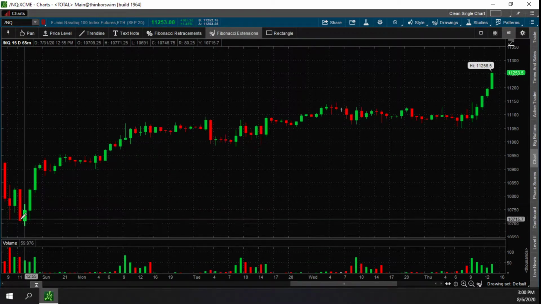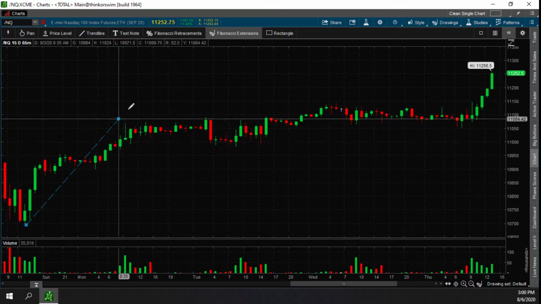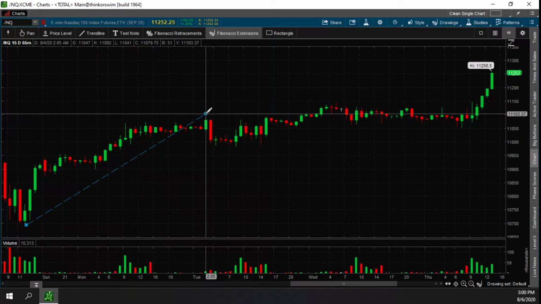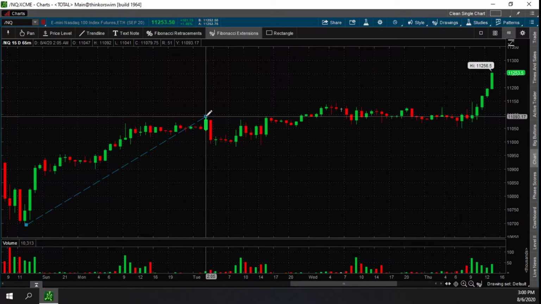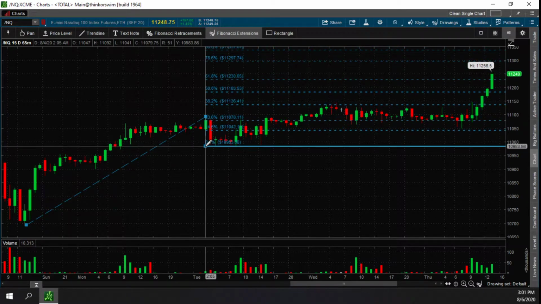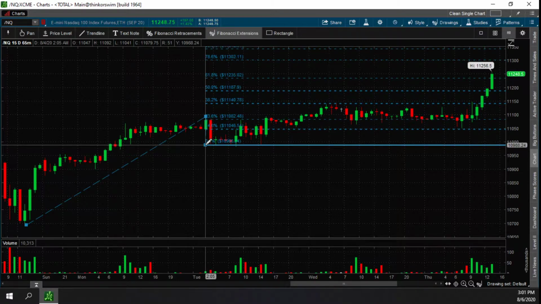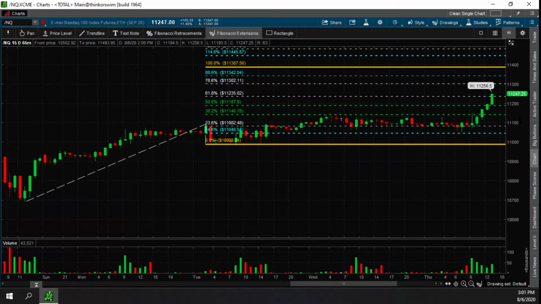We could take this here, which would have been Sunday. We could take the top here, and then we could take the lowest bottom of the market, and that would have been your retracement for today.